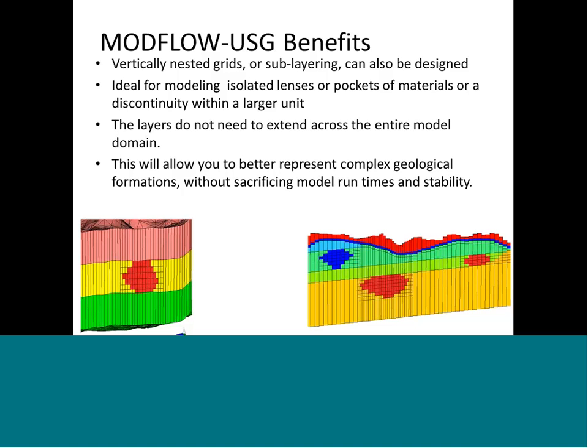This allows you, again, to represent the more complex geological formations without sacrificing the model runtimes and the model stability. So in the past, if you had these discontinuous perched aquifers, you'd have to add a whole additional model layer to the numerical grid and have that model layer extend across the entire domain. With MODFLOW-USG, that restriction is no longer required.